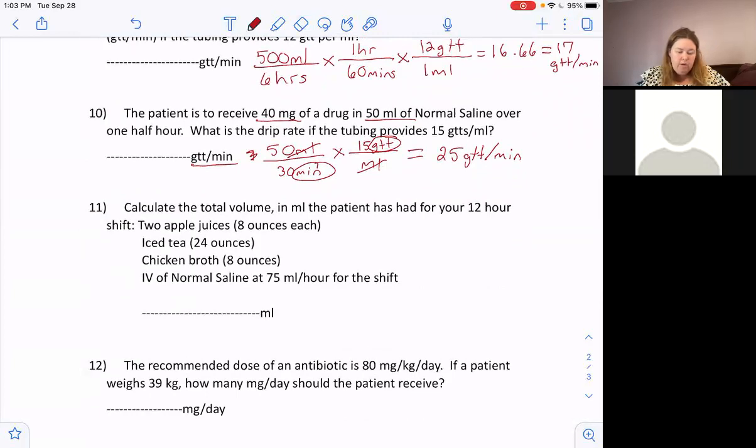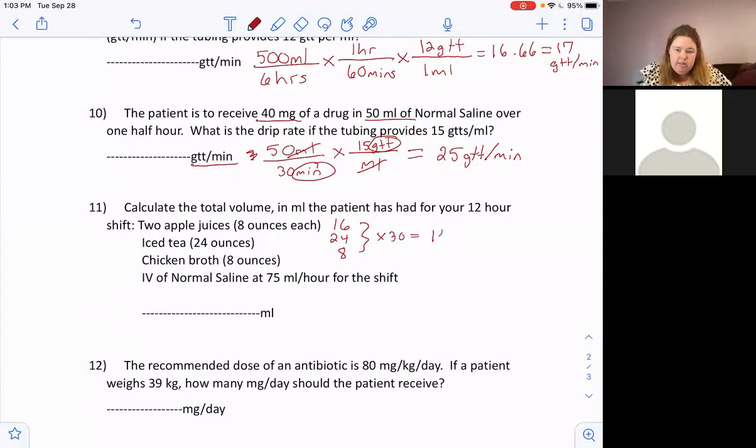Calculate the total volume in milliliters the patient has for your 12-hour shift. So there's 2 apple juices, so that's 16, a 24, an 8. So 16 plus 24 plus 8 equals 48. And you're going to times that by 30. So times 30.